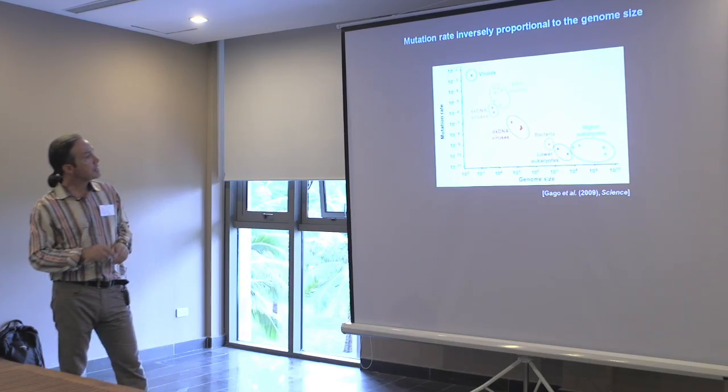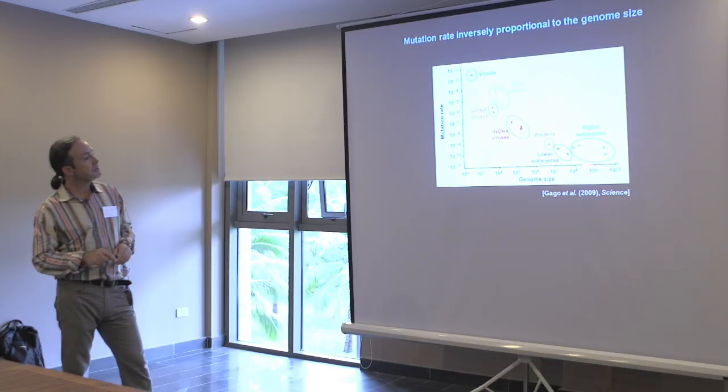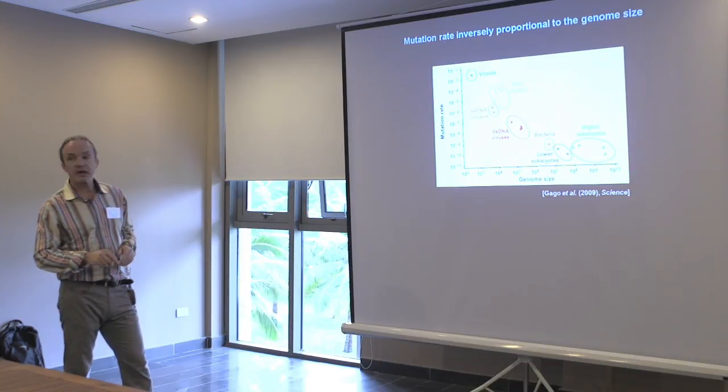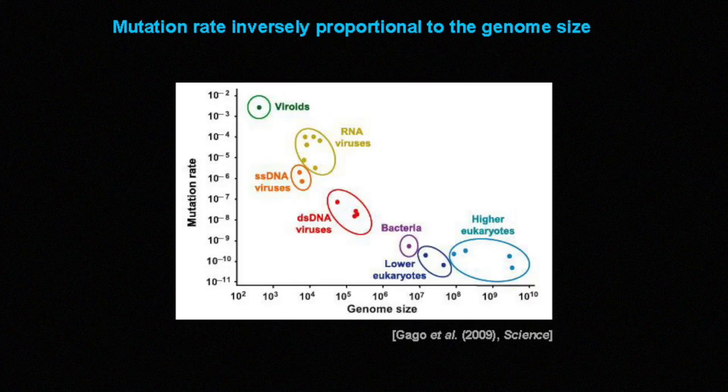And there is an inverse proportionality between the genome size of replicative entities: higher eukaryotes like us, lower, I don't like this higher and lower, but okay, eukaryotes, bacteria, double-stranded DNA viruses, single-stranded DNA viruses, RNA viruses, and viroids.